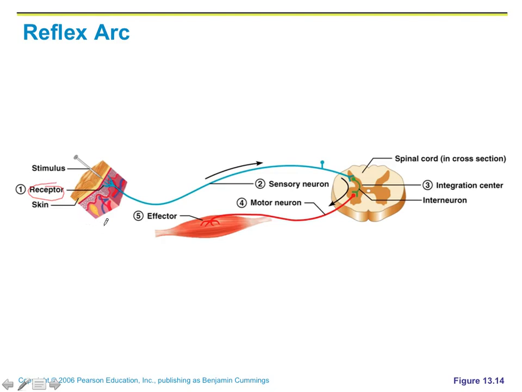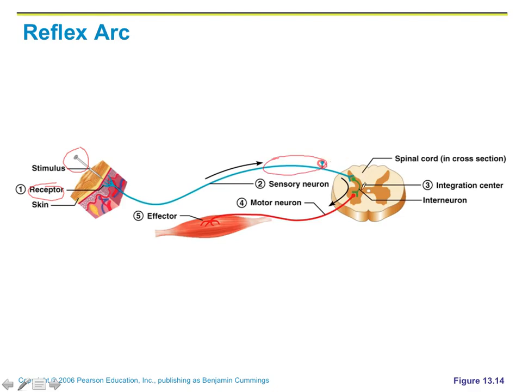For example, if we get pain stimulation, this stimulus is detected by the receptors, and the receptors generate a nervous impulse, which is transferred to the spinal cord. This is the sensory neuron.